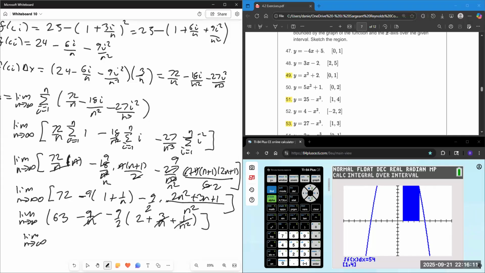Let's see, and then so we'll have 63 minus another 9 is 54. And there's our 54. That was our answer right there with our limit process. Let's look at number 53.